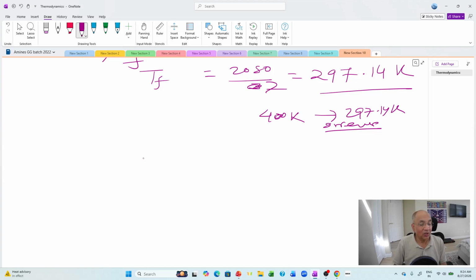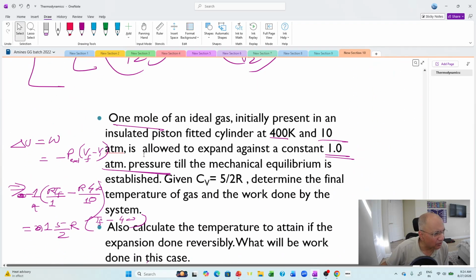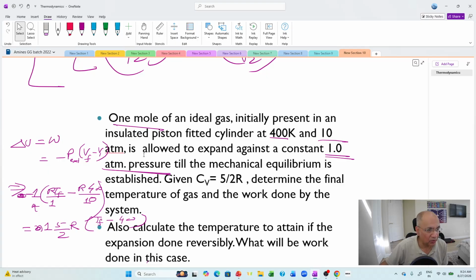See, let us apply the adiabatic gas laws to find the final temperature in the reversible process, since pressure data is given, 10 atmosphere, 1 atmosphere.